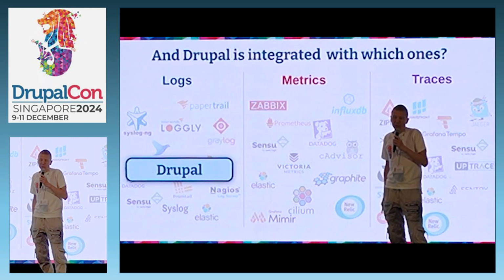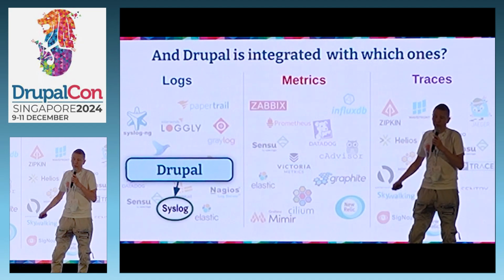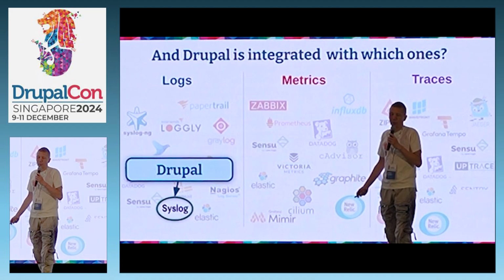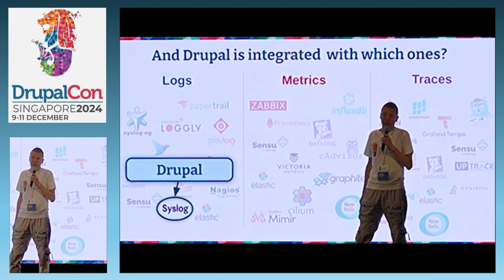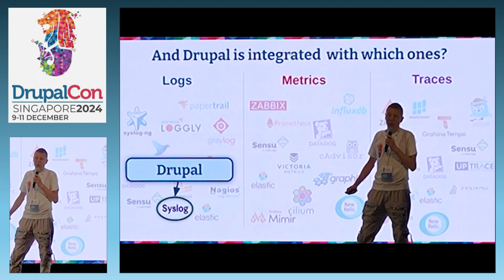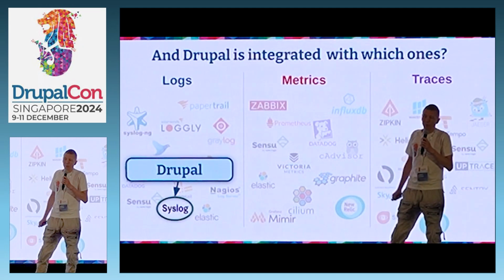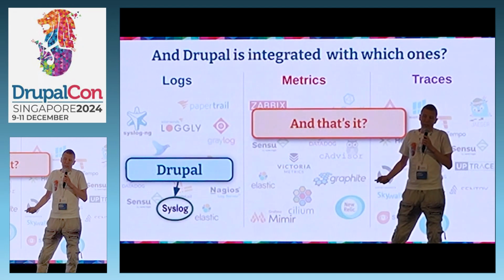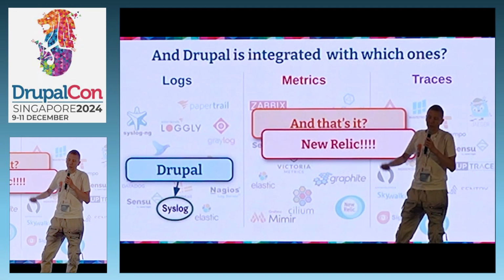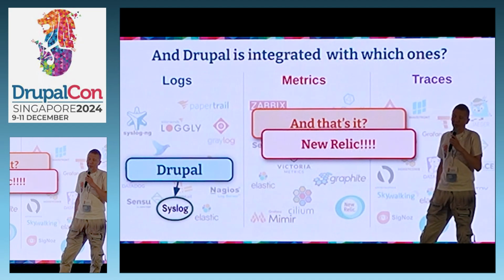So actually, for Drupal, we can submit logs to syslog because it works out of the box and is a pretty proper solution, because storing logs in the database is not very good for performance, and for observability, the same problem. And that's it. Oh, yeah, I remembered New Relic.